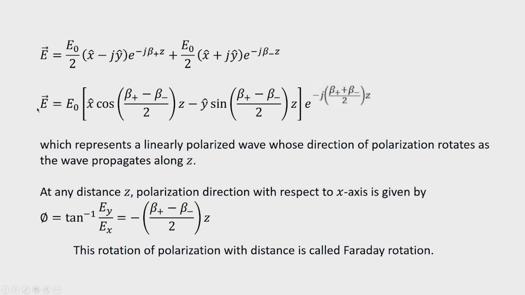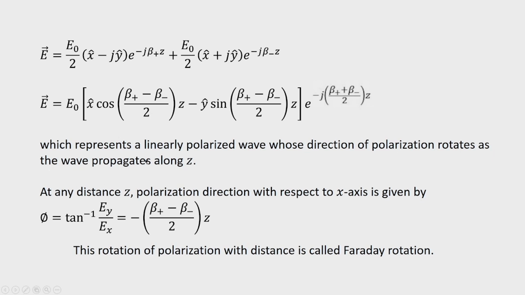So, the total electric field can now be written as E equal to E naught [x cap cos((beta plus minus beta minus)/2 z) minus y cap sin((beta plus minus beta minus)/2 z)] e to the power minus j (beta plus plus beta minus)/2 z.